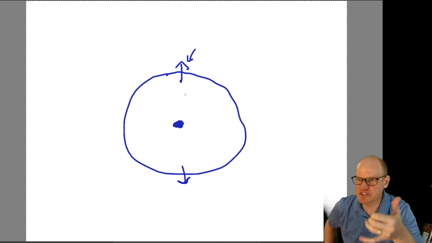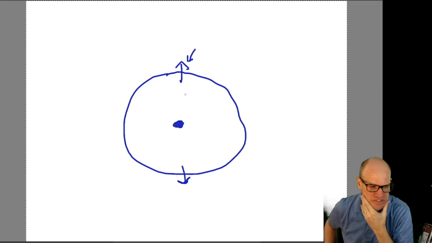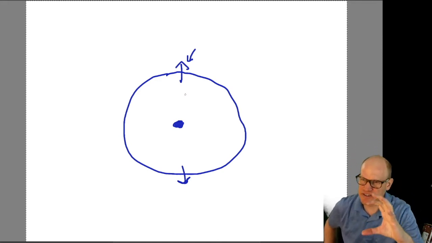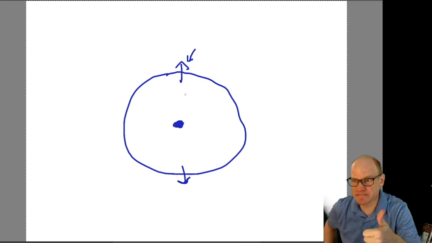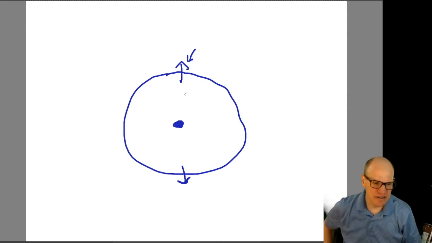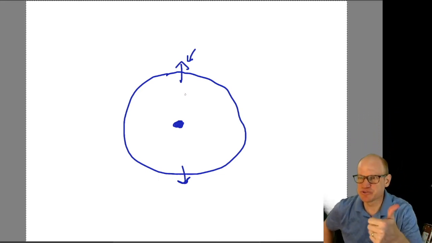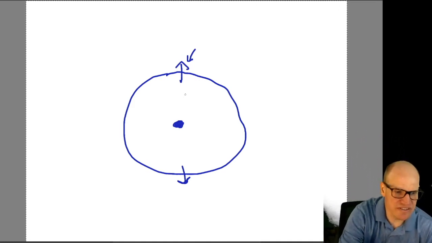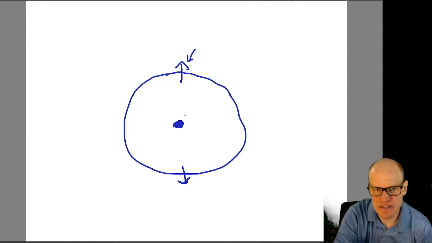You can flip the spin of the electron over, for example, but you can't change the absolute value that the spin has. So you can have plus 1/2 spin or minus 1/2 spin, but you can't have plus 2 spin or something like that. So these are the 2 electrons that can fit in this shell.